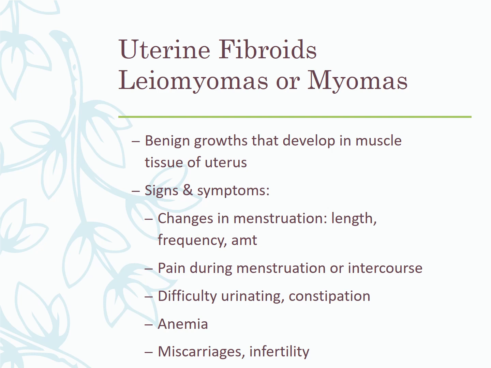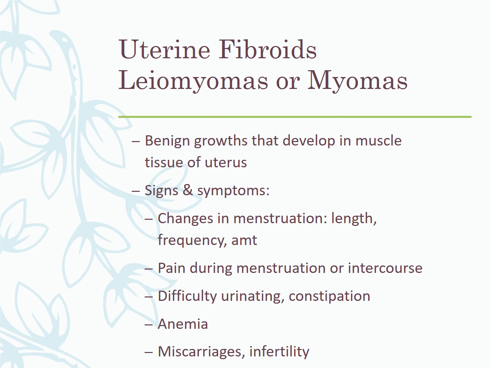Okay, so uterine fibroids are leiomyomas or myomas. These are benign growths that develop in the muscle tissue of the uterus. Signs and symptoms that a woman might see: changes in their menstruation, the length, the frequency, the amount, pain during menstruation or intercourse, difficulty with urinating or frequent constipation, anemia, frequent miscarriages, and infertility.